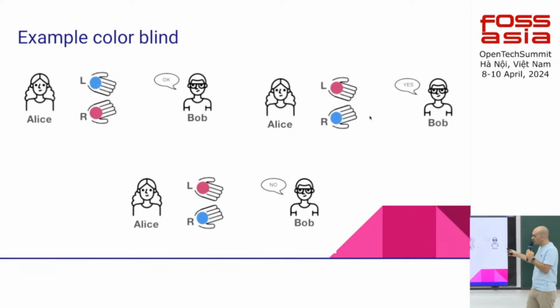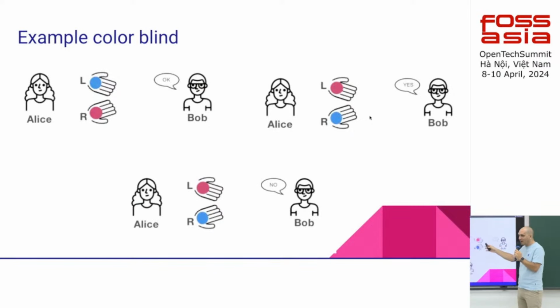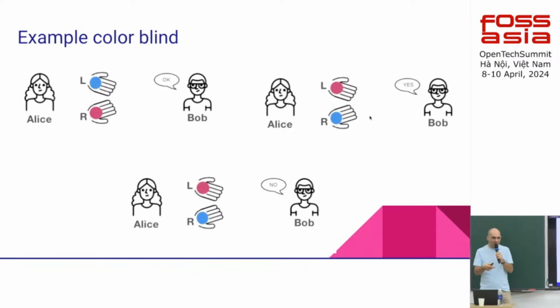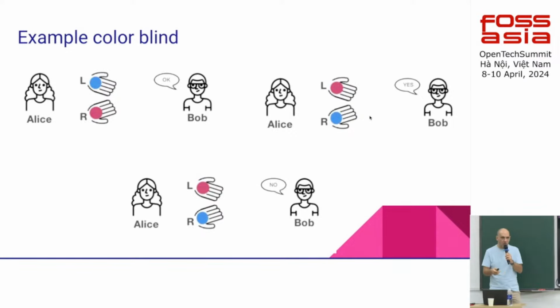So there is this privacy, this hiding of information: Bob doesn't have to explain which ball is which color. Alice gets convinced after repeating this enough times that the probability that Bob doesn't know which ball is which is really close to zero.